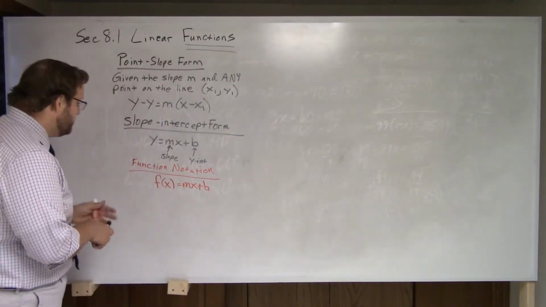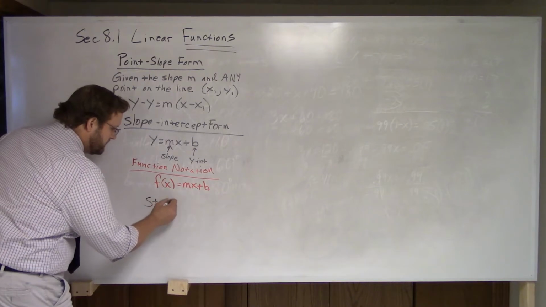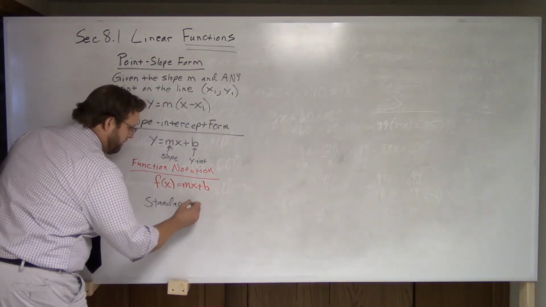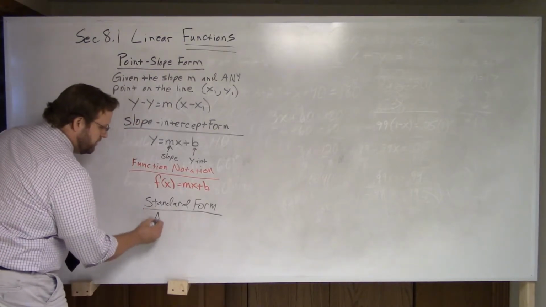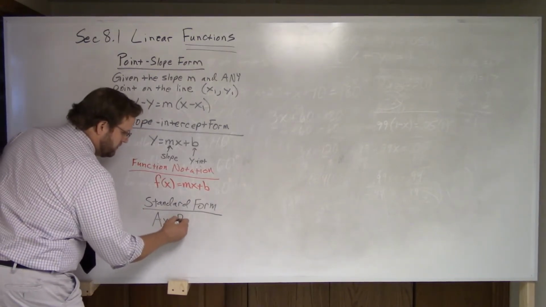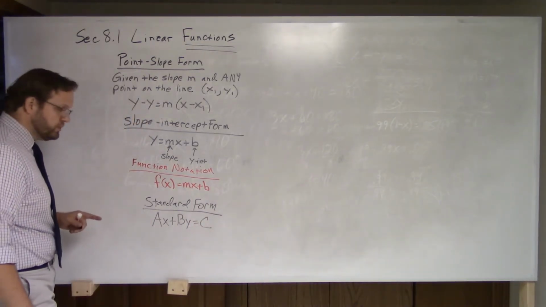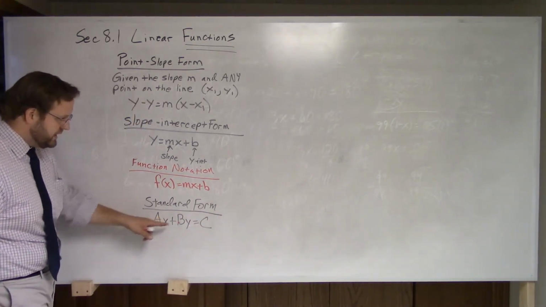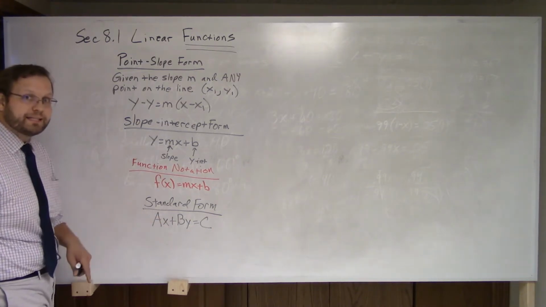And then the last form that we talk about is standard form. Standard form looks like this, but there are also two rules that we need to follow. The thing I want you to really focus on is that x and y are on the same side.